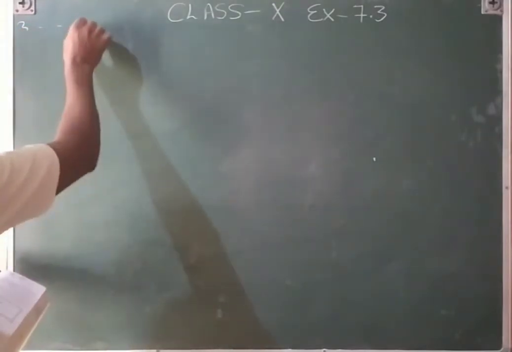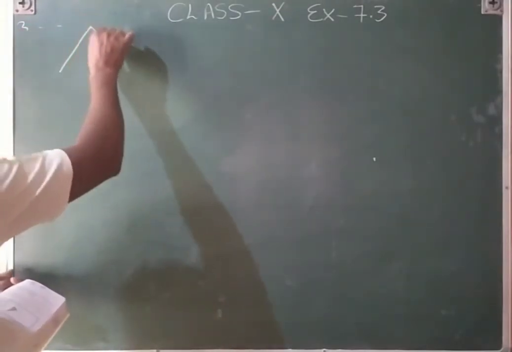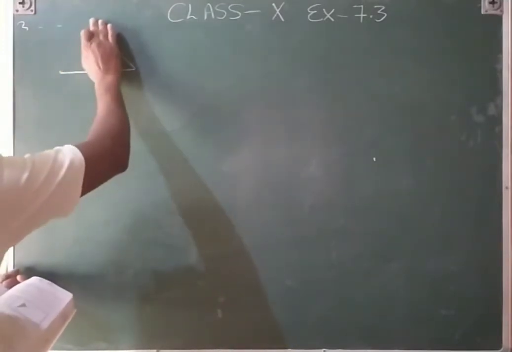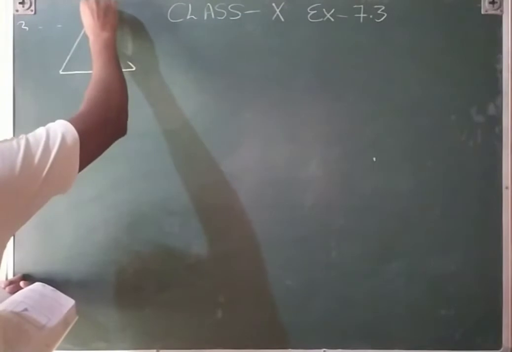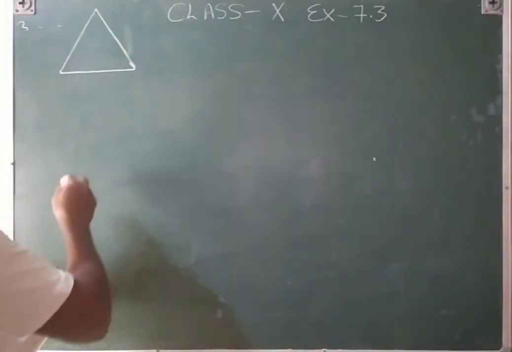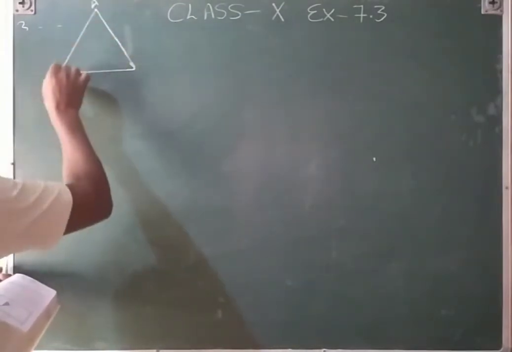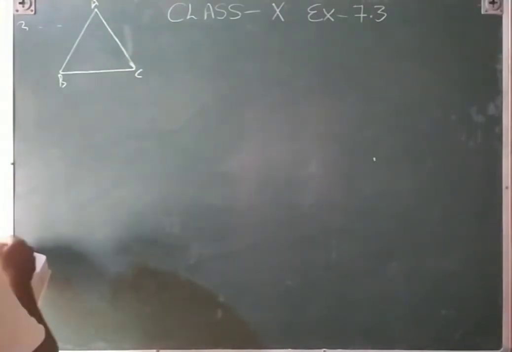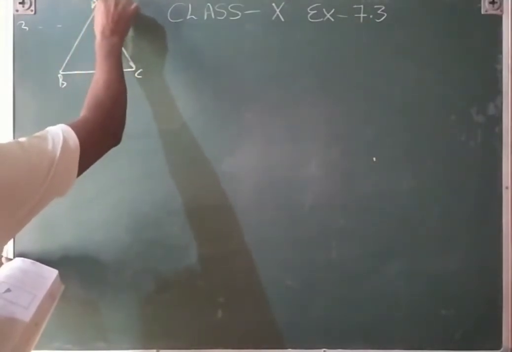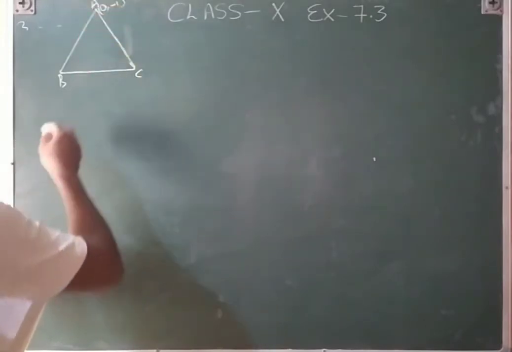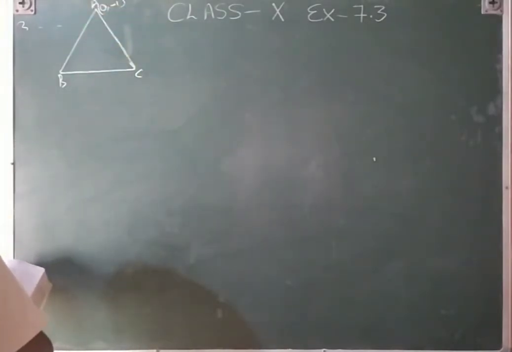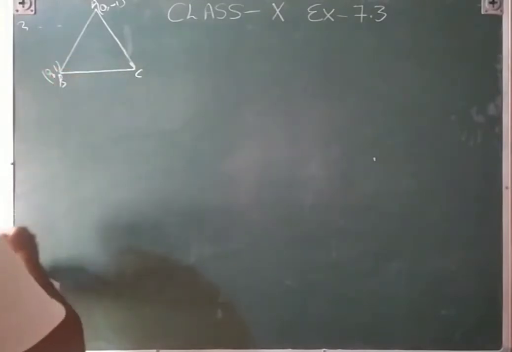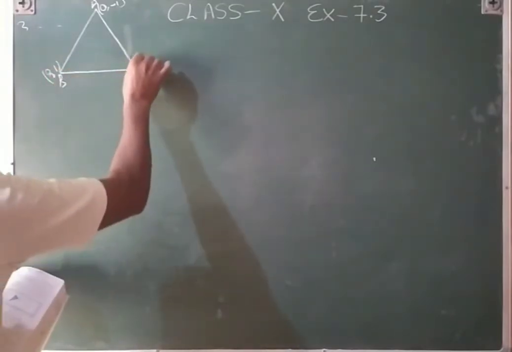First of all we will draw a triangle. This is a triangle, like this, A, B, C, and the vertices are (0, -1), (2, 1), and (0, 3).